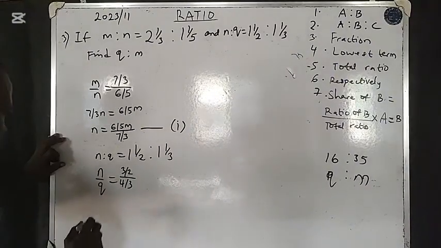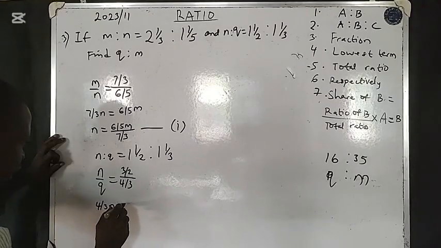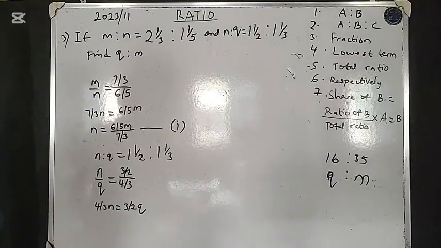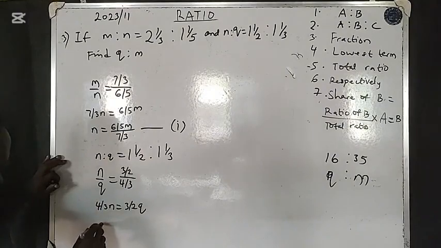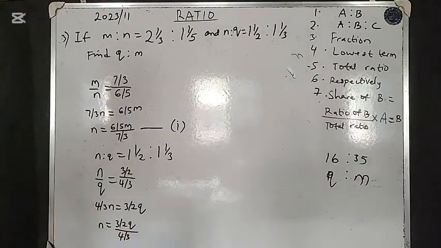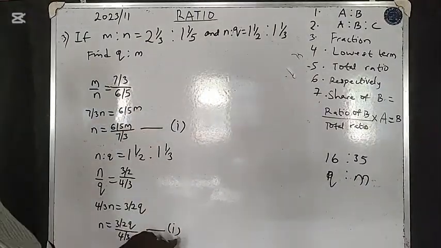When we cross multiply, we have 4 over 3n, then we have 3 over 2q, right? When we make n subject again, we have n equals 3 over 2q over 4 over 3, right?